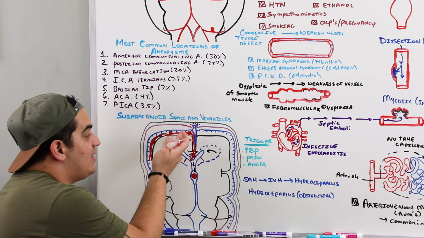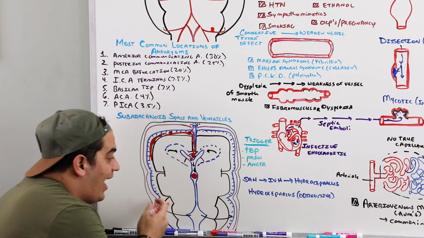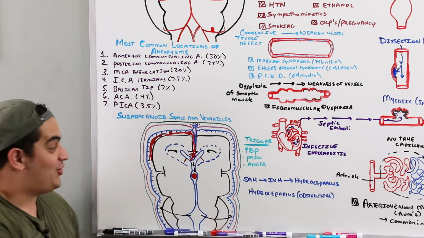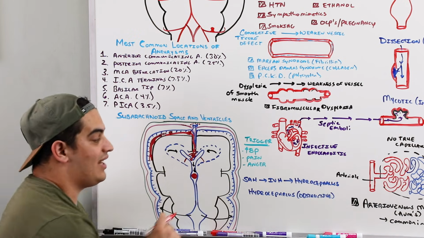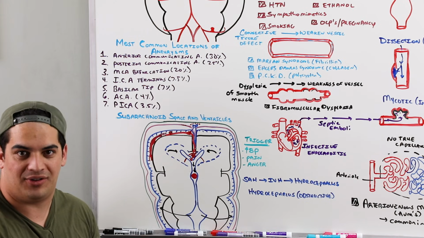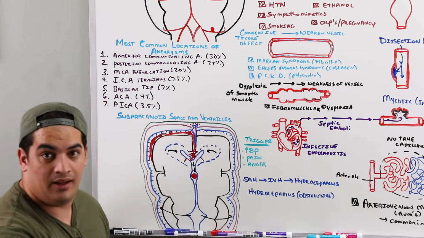And so what happens is the CSF that's not getting drained into the dural sinuses starts backing up in the same way. So backing up from the subarachnoid space, backing up into the ventricles, and causing hydrocephalus. What's that type of hydrocephalus? Very important name. That's called a communicating hydrocephalus.